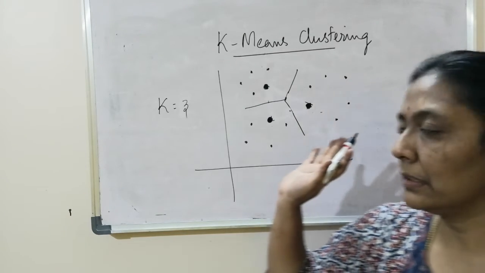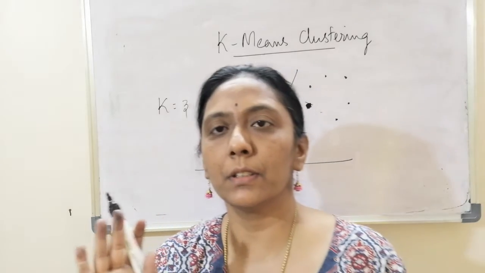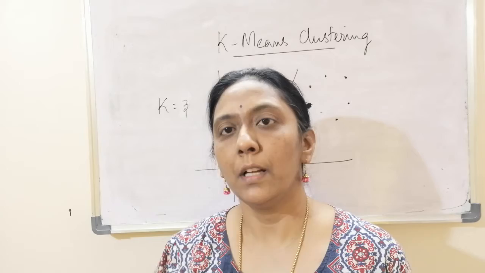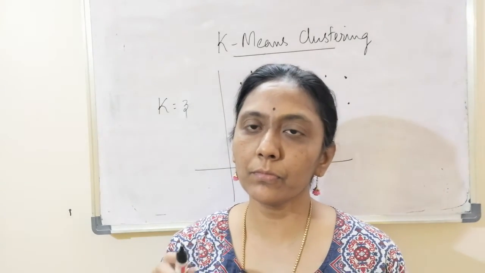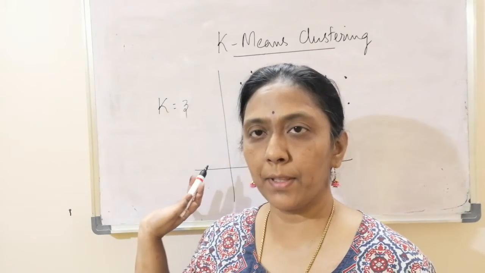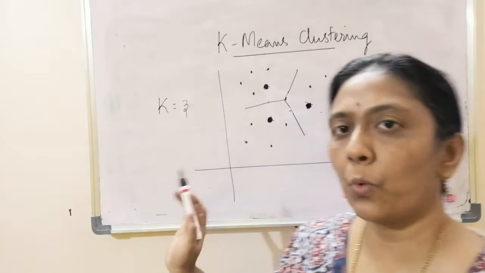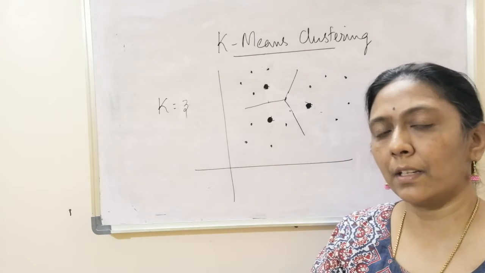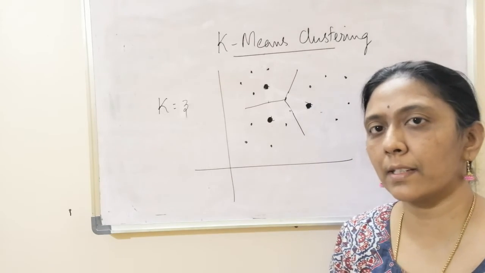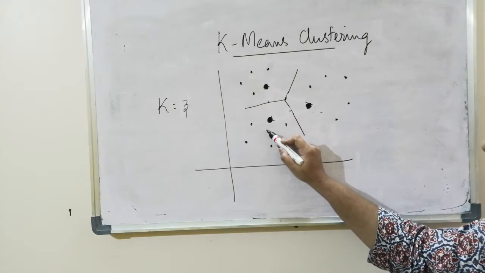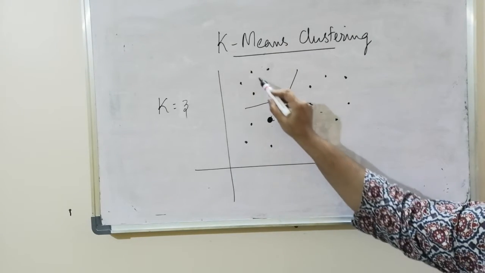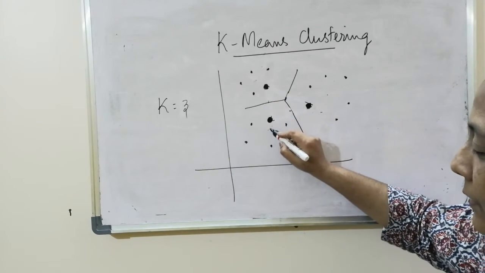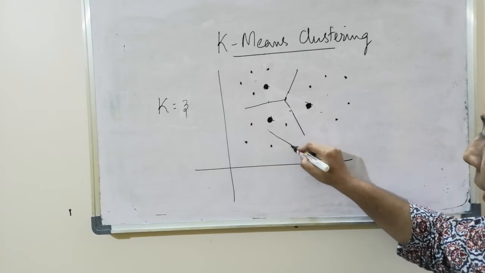So now the question is whether the clusters that we have formed are optimal or not. How to find out whether it is an optimal way of forming clusters or not? This is only the first step in the iteration. In the second step of the iteration, in order to form the next group of clusters, it finds the center point or the centroid of each of these clusters. So in this cluster, it finds the centroid and takes a seed from there.